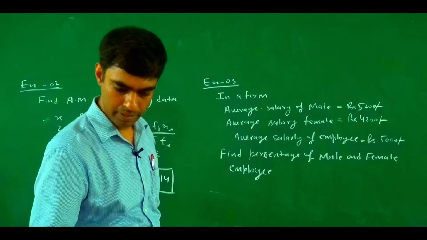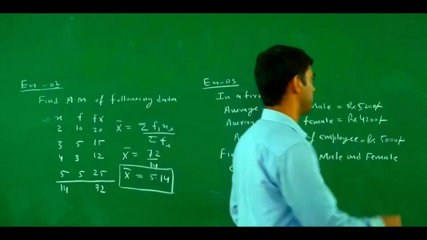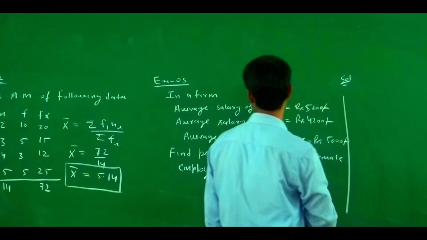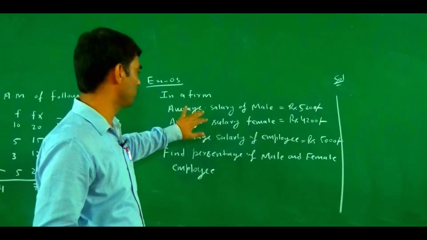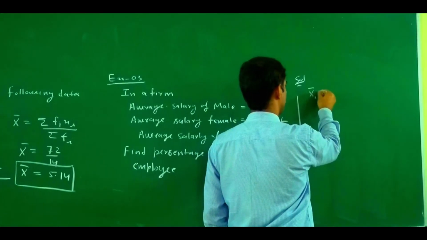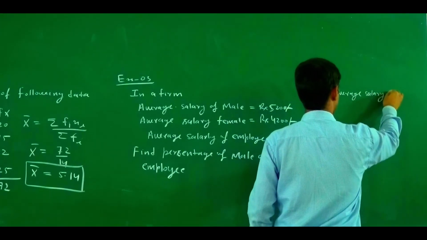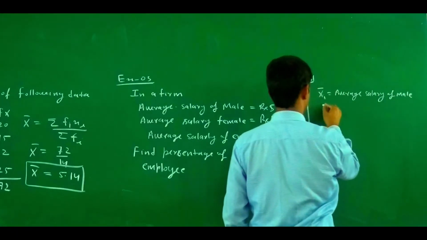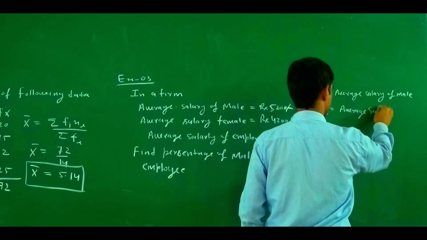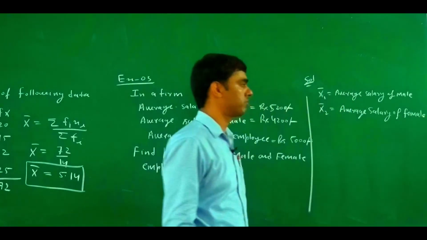So how do we find this? It's very simple. Solution. Suppose we write the average salary of a male as x1 bar. x1 bar equals the average salary of a male, and x2 bar be the average salary of a female.